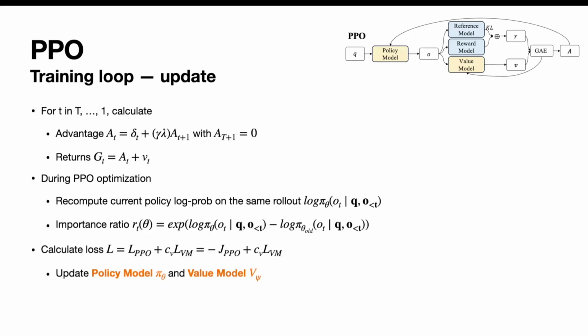As we mentioned before, the policy model and the value model often share the same transformer backbone, with one head for next token prediction and another head for value prediction. During PPO training, we usually update the shared backbone and both heads together. The reward model r_phi and the reference model pi ref stay frozen.